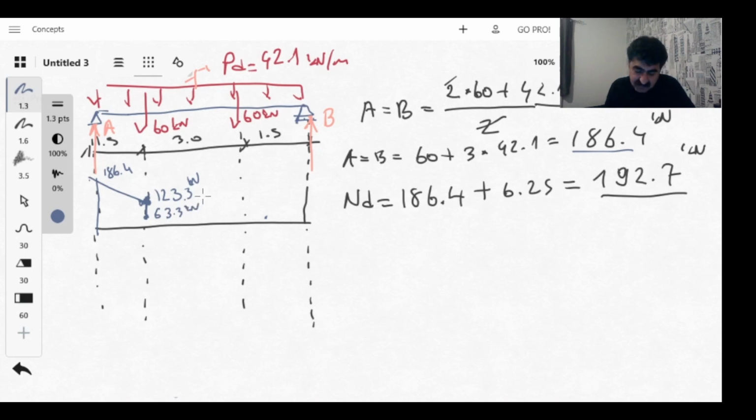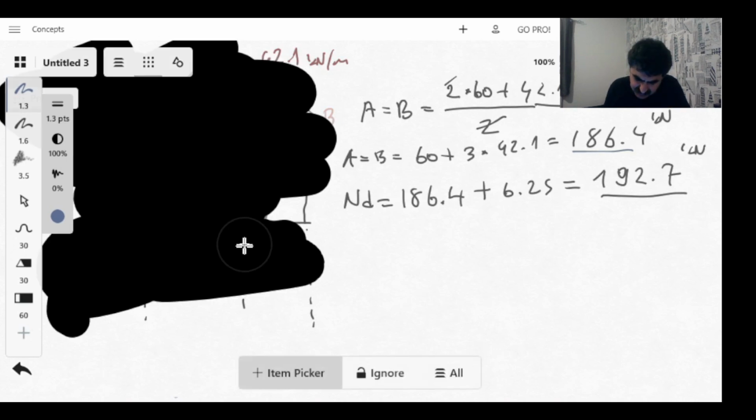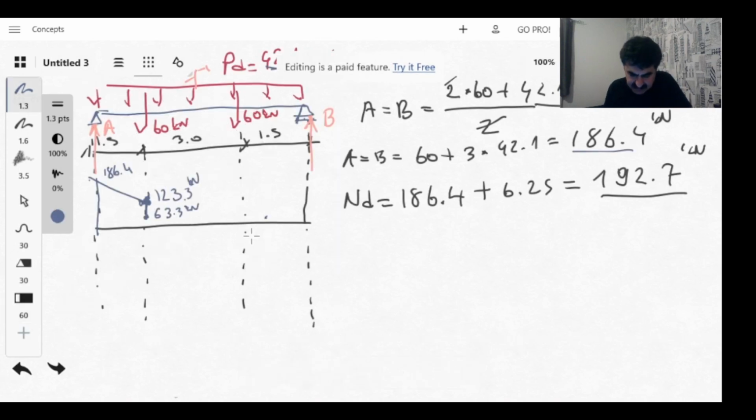Between these I have a 42.1 distributed load multiplied by 3, and 63 kilonewton minus 3 multiplied by 42.1 kilonewton, and then I will get minus 63.25 or 3.